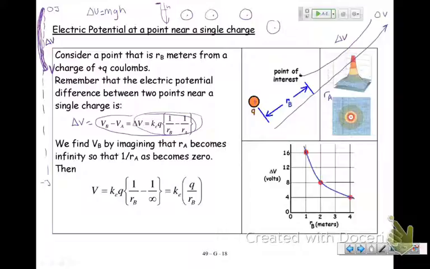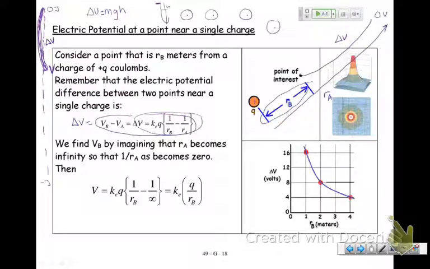Delta V is equal to VB minus VA, which equals KEQ times 1 over RB, that's my final position, minus 1 over RA, my initial position. And this is infinitely far away. So I say, oh, that's 1 over infinity.